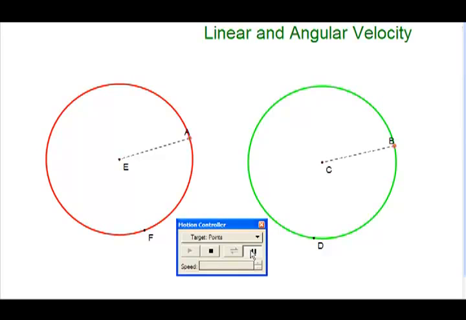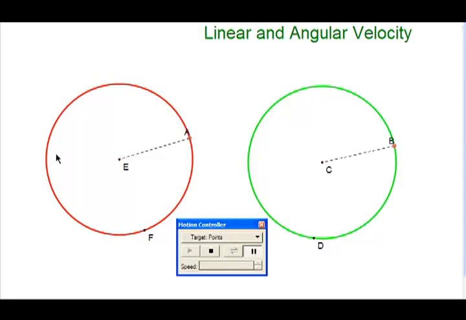At this point also, since we've stopped this, we can talk a little bit quickly about angular velocity. Angular velocity means if this point has traveled through a certain number of degrees on a circle in a given amount of time, we can talk about angular velocity.